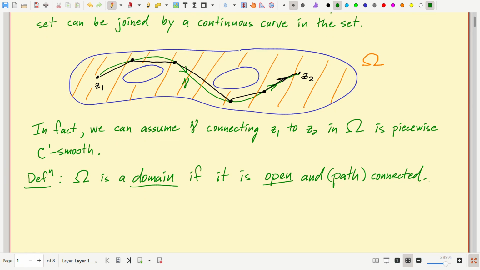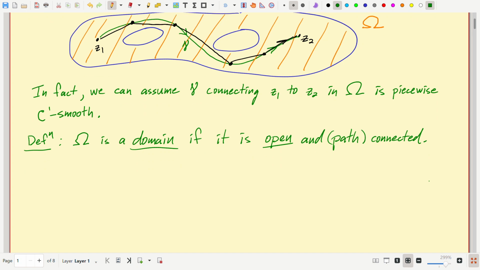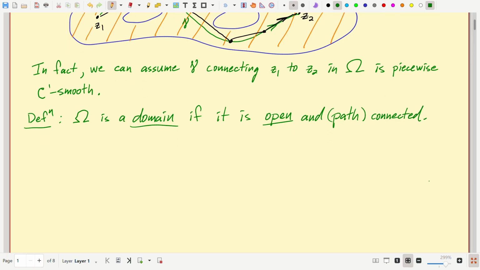Okay, so we're going to study functions on that kind of a thing. Let's see, I'll show you why being a domain is kind of an important thing. So here's a little lemma that we'll want to think about.